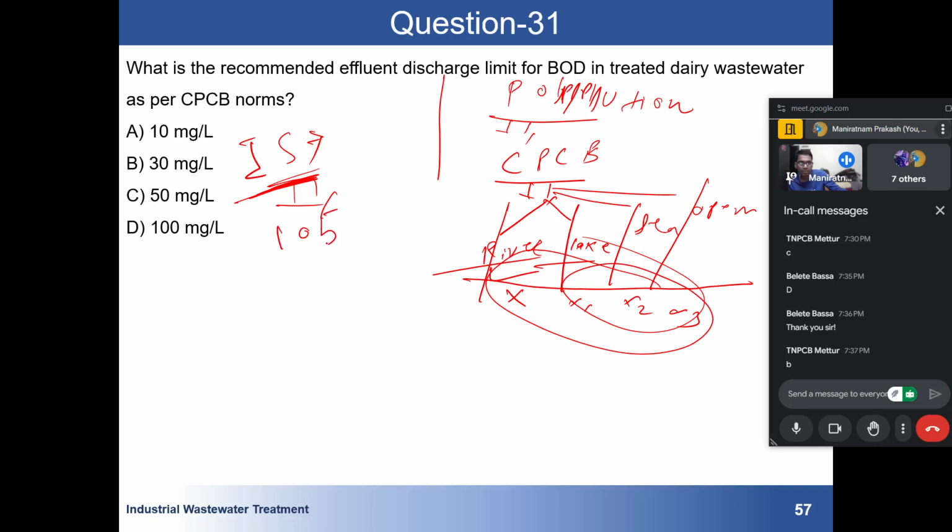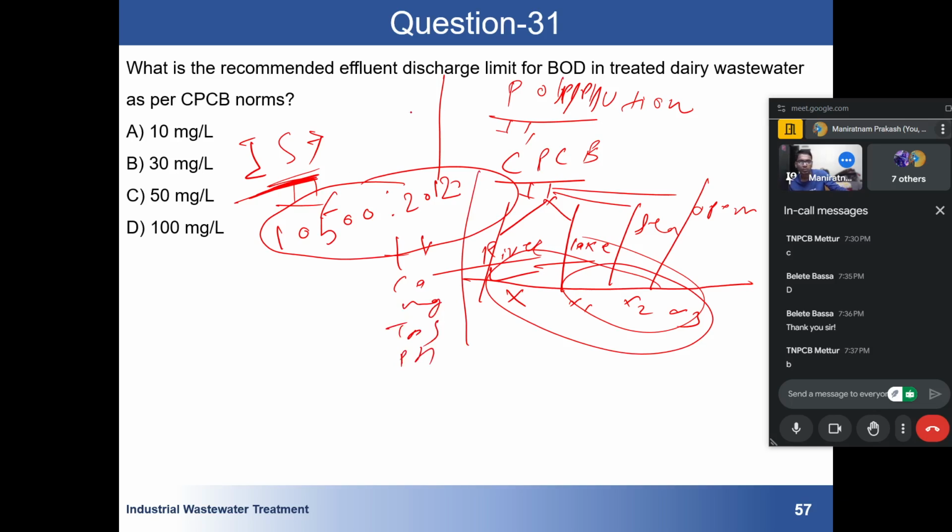Everyone should know this. 10500:2012. Yes, 2012. This has set a limit on different water quality parameters: calcium, magnesium, TDS, pH, everything.